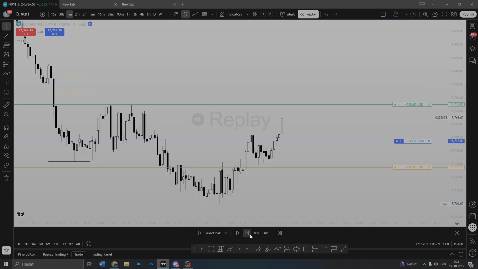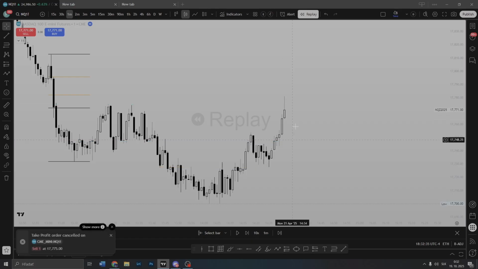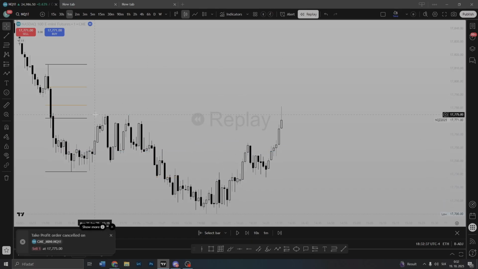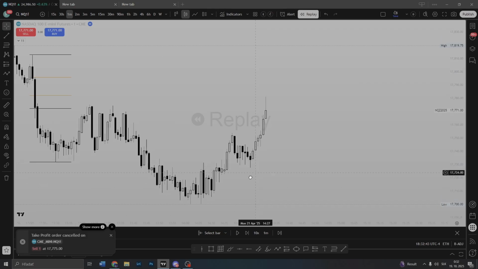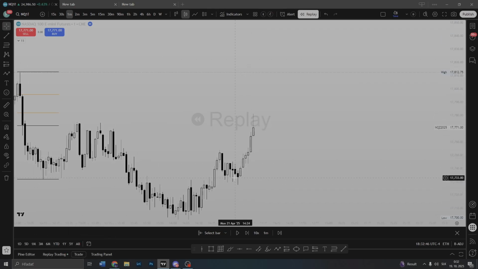Confirmation. We took the highs, we took the internals. Now we are kind of just building LR again at the lows, and we do have a straight move higher. So we can go a little further.